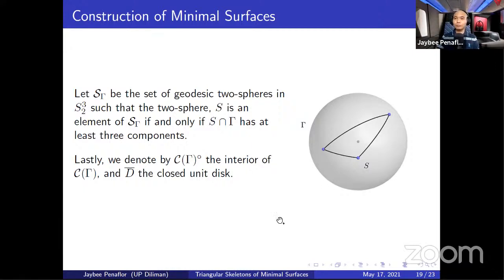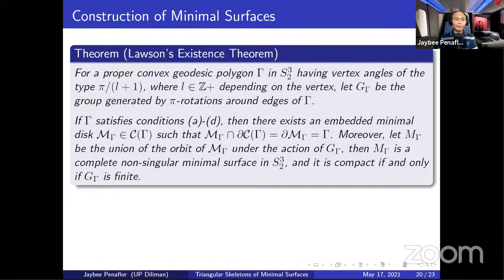And lastly, we denote by the symbol the interior of the convex hull, and we denote by D bar the closed unit disk. We are now ready to state Lawson's existence theorem. Let's read Lawson's existence theorem.